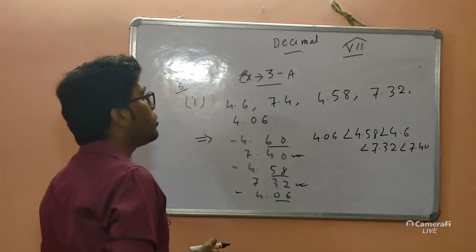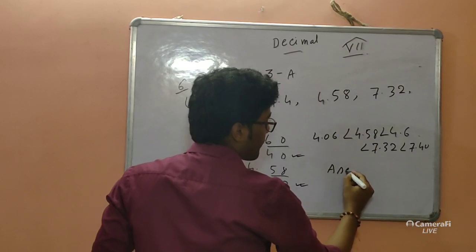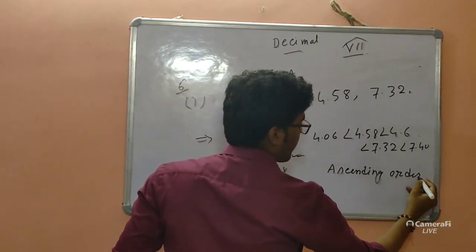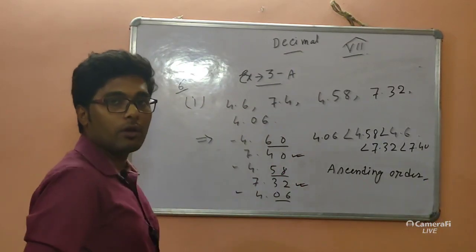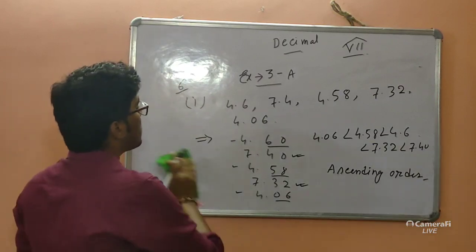That is how we do ascending order. Clear? I hope you have understood this. Okay, so let us move on then. Let us do 6 ka 2.